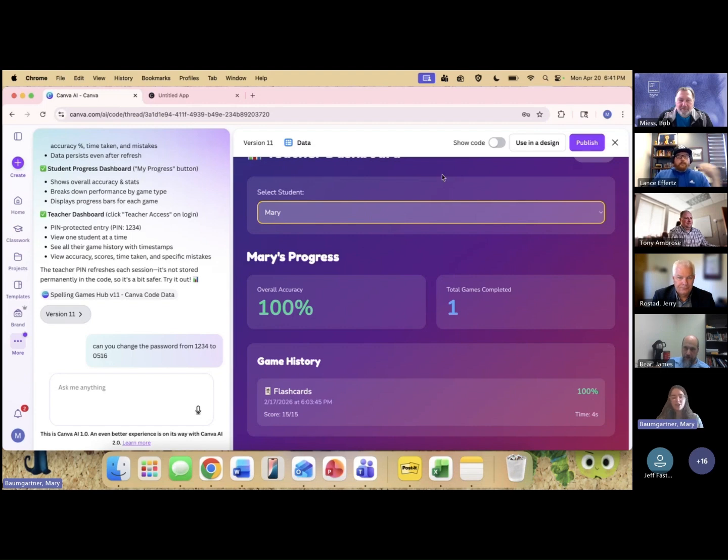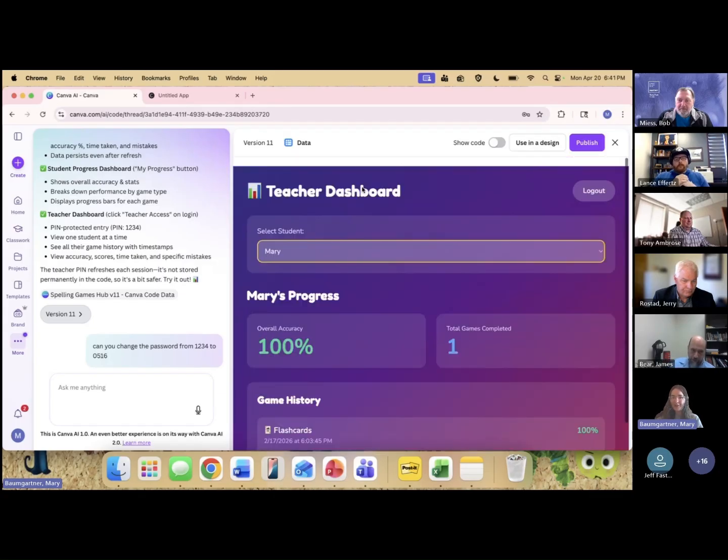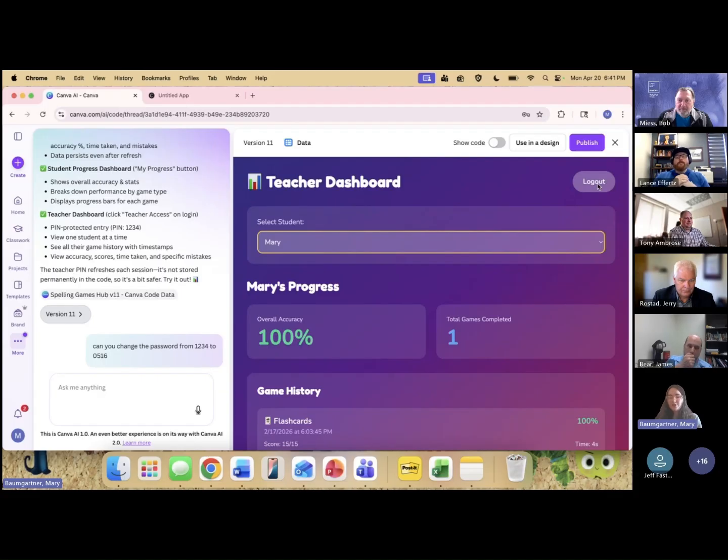And for the flashcards specifically, I think it's really important to know how long a student took on it, because I took 4 seconds and I got a 15 out of 15. No, I just flipped through the whole thing. I'm not learning by doing that. So then you can have a conversation with your student and say, you actually need to be working through these game modes or try a different one.